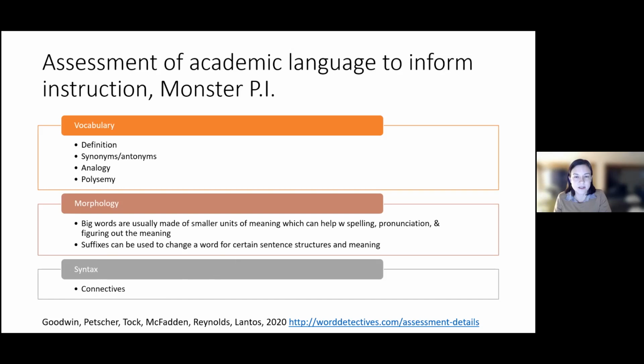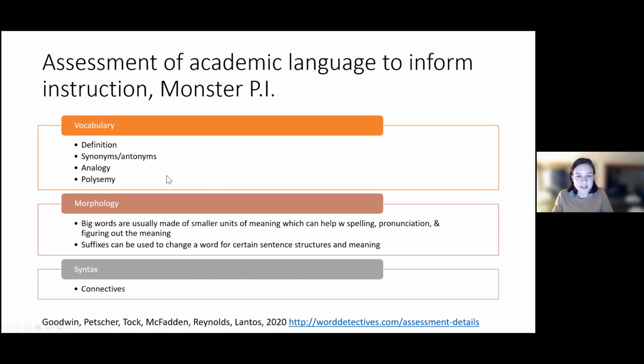So I do need to disclose I receive a minuscule percentage of the royalties from the Monster PI as sold by Ventures Learning. So keep that in mind while I describe it. But here's a good article reference down here about the technical properties of the Monster PI.